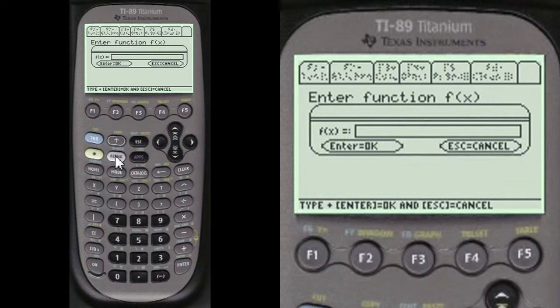I'm going to enter the function. You have to press alpha before you enter anything into these entry lines. I'm just going to use a simple function; you can use any function you want, but for demonstration, I'm going to put alpha x squared plus 2 times x.